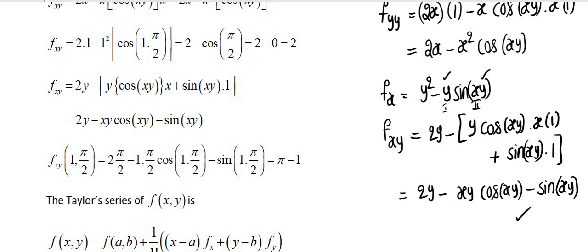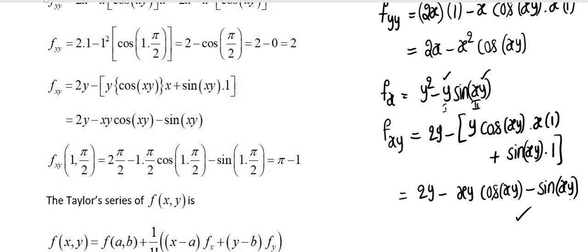Now we are going to calculate the value of fxy at 1 comma pi by 2. So 2 into pi by 2 minus 1 into pi by 2 cos of 1 into pi by 2 minus sin of 1 into pi by 2. Then we are going to get this step. 2 gets cancelled. So pi minus 1 only.